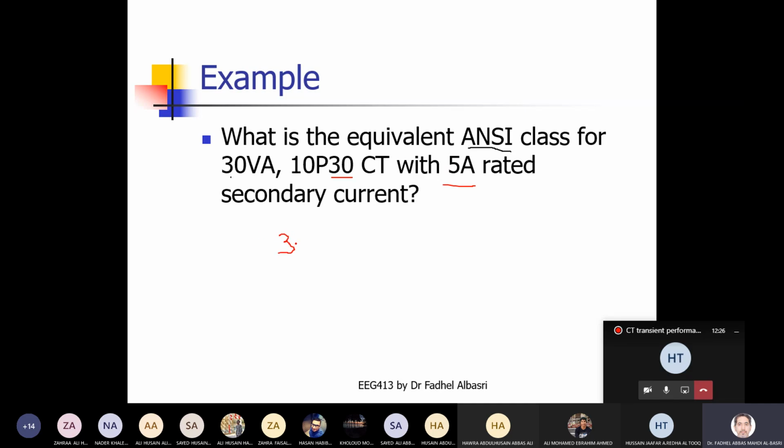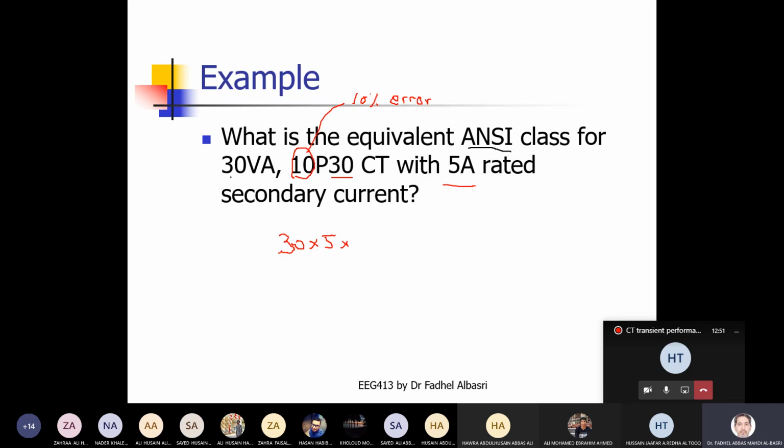So I have 30 times the rated secondary 5. And this is the error. This means the error is 10%, which is also defined in the IEEE standard.